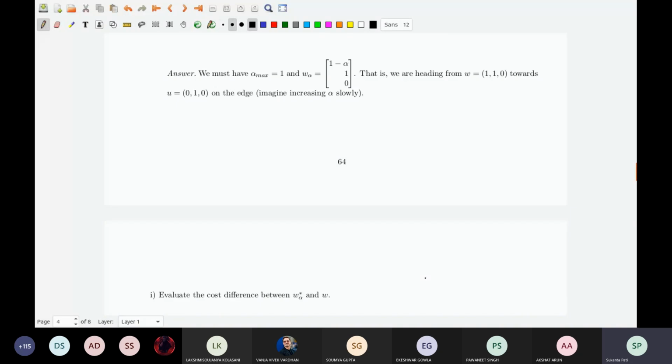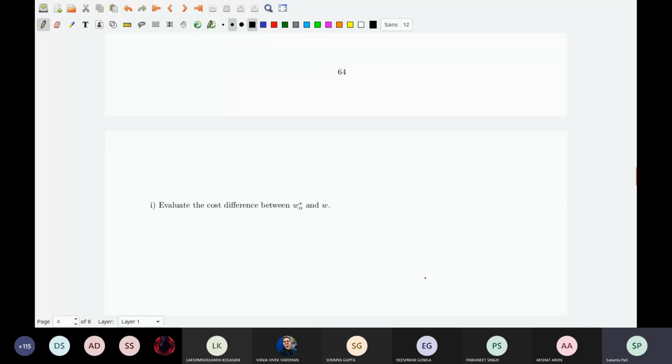Evaluate the cost difference between W star alpha and W star. What is the cost difference? Cost difference basically means C transpose W star alpha minus C transpose W star.